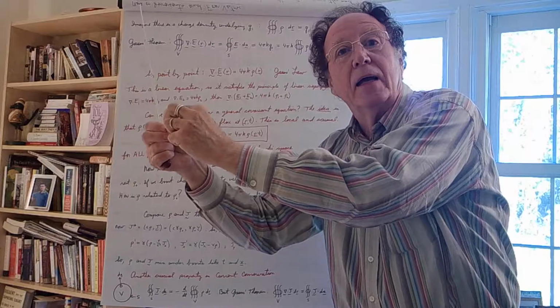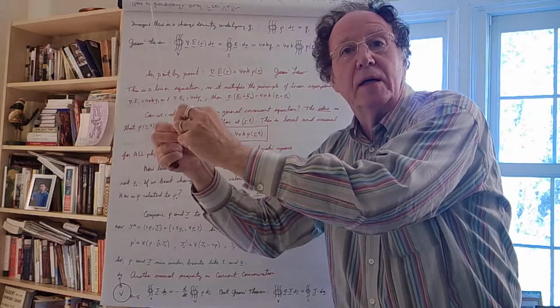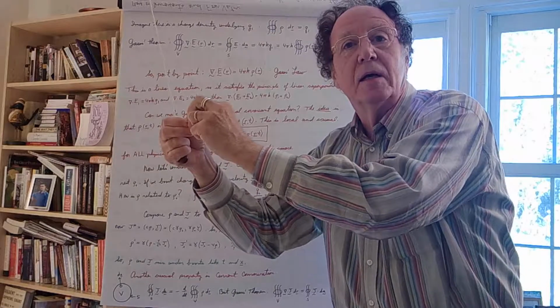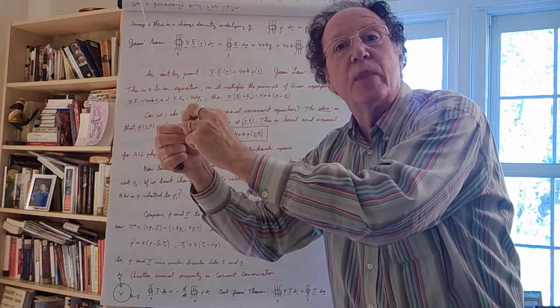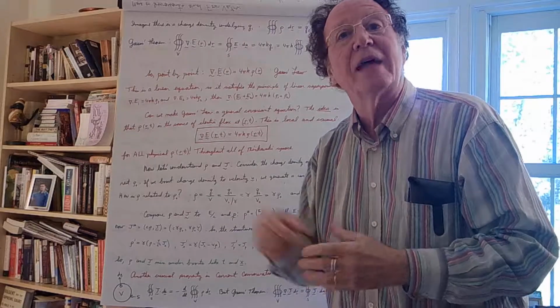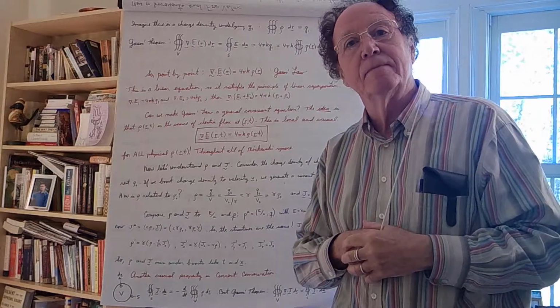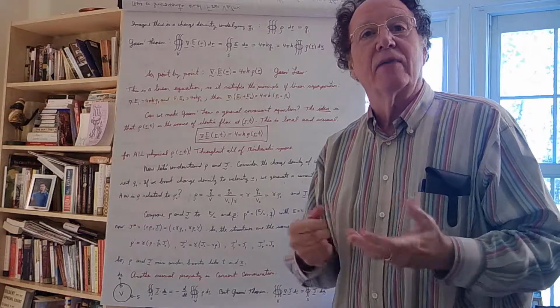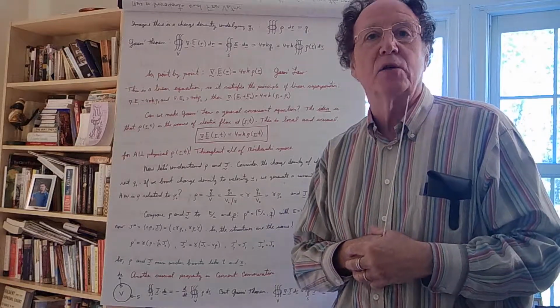Okay, they're the same point. The only covariant expression that makes any sense is that the charge density at that space-time point is proportional to the divergence of the electric field at that same point. That's the only conceivable generalization of Gauss's law from the static situation.